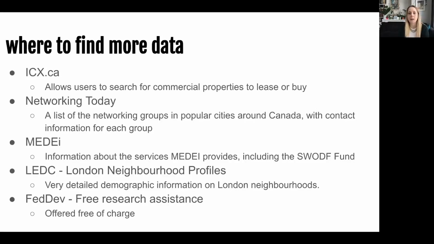So LEDC is the London Economic Development Corporation, and they've done some great work on understanding and compiling information on the specific London neighborhood areas. If you're from London or have spent time in London, you know that we're a city full of boroughs. So it's very detailed demographic information on who lives there and who might walk by your storefront. You can also head over to FedDev, which is free research assistance, and free is always such a lovely offering.